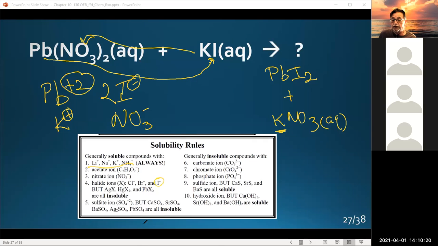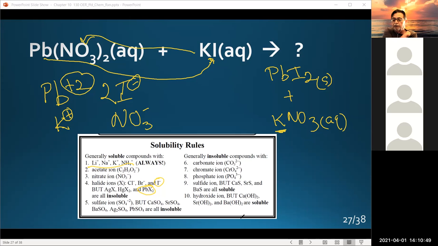Normally they are soluble unless they're bonded with the heavy metals, specifically lead. Guess what? Lead iodide is insoluble. So we got a solid. So in this example, we have a positive reaction. Now let's balance it.